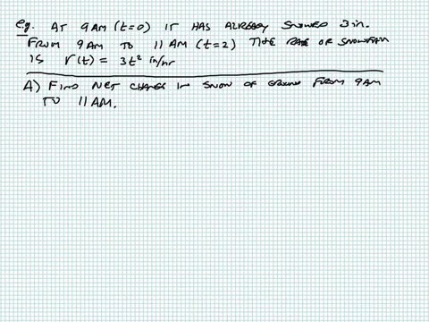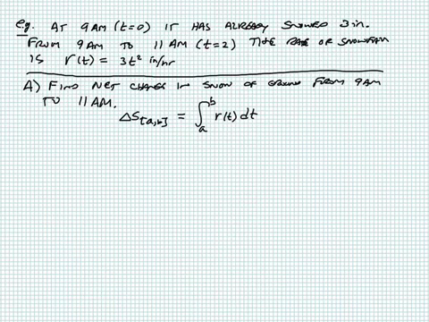So I just want to find the net change of snow on the ground from 9 a.m. to 11 a.m. Okay, so I'm going to start with the net change theorem. So the change in snow from time equals a to time equals b is going to be equal to the integral from a to b of the rate of snowfall.